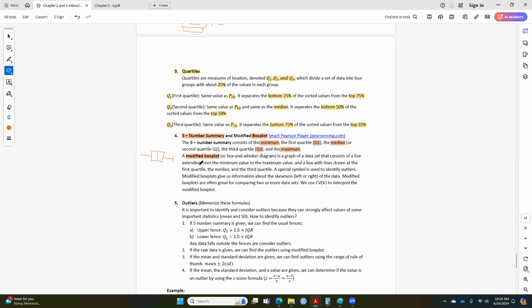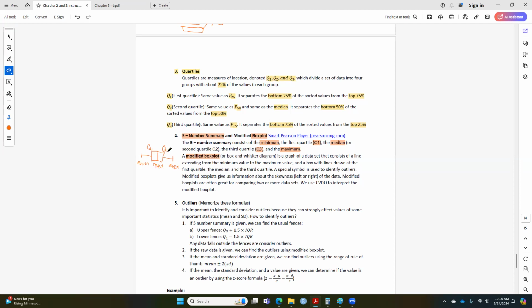This modified box plot will consist of the 5-number summary, where the most on the left side here is your minimum, and the far right side here is your max. As you know, the 5 numbers require you to know Q1, median, and Q3. So inside the box, the beginning of the box is your Q1, the middle of the box is your median, and the very end of the box is your Q3.